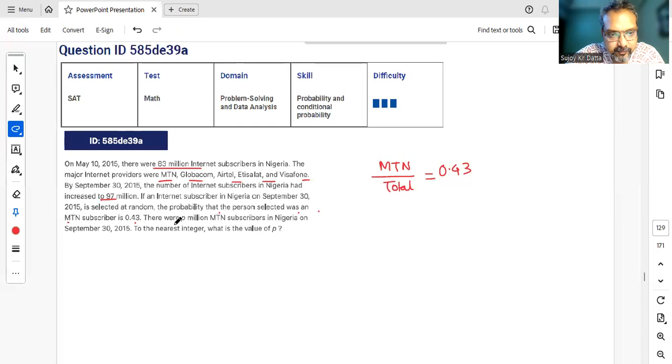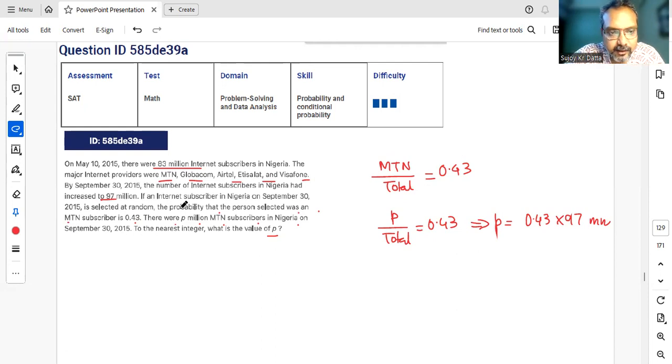Now there were P million MTN subscribers in Nigeria in September. What is the value of P? So that means P divided by total is 0.43, so P is 0.43 times 97 million.